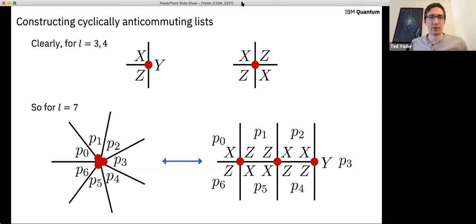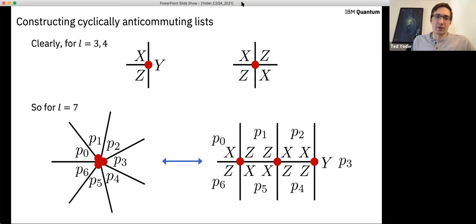Okay, so how do we actually construct cyclically anti-commuting lists? Do they exist? Something you might be wondering. So we already did so for lengths 3 and 4. But for higher lengths, you can just concatenate these lengths 3 and 4 in a specific way.